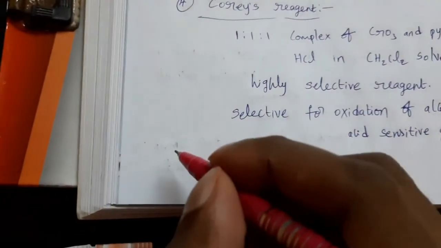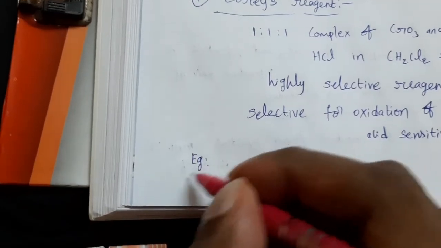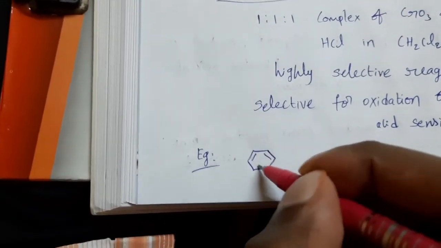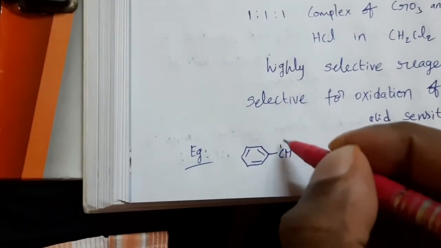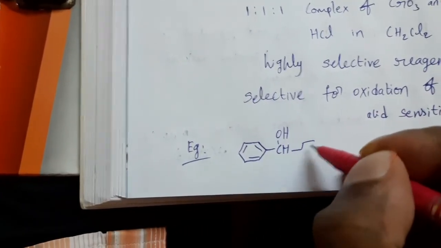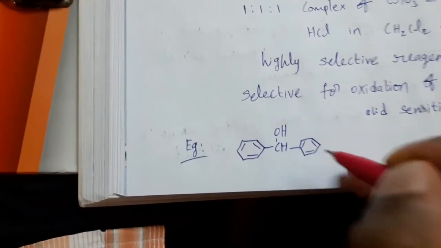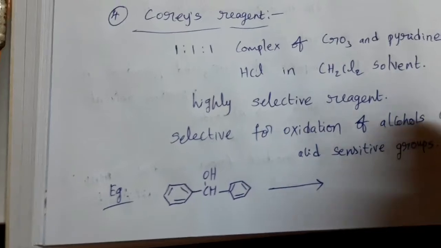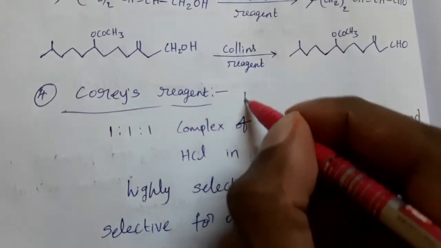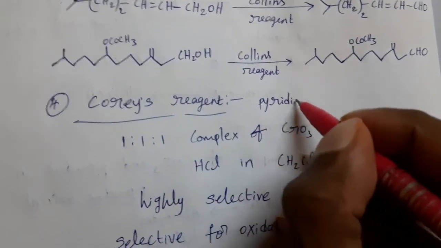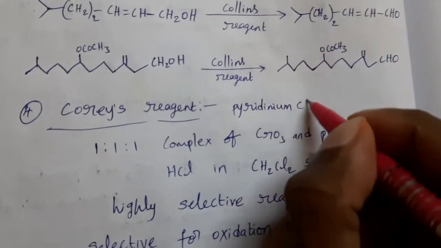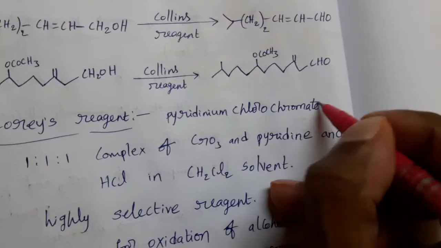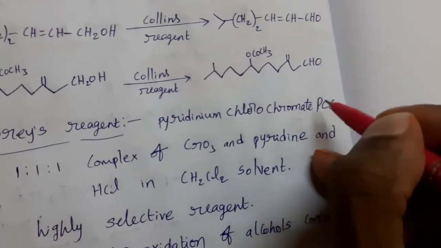Example for this, see this: CHOH, C6H5, PCC. Corey's reagent is simply called pyridinium chlorochromate, simply called PCC.